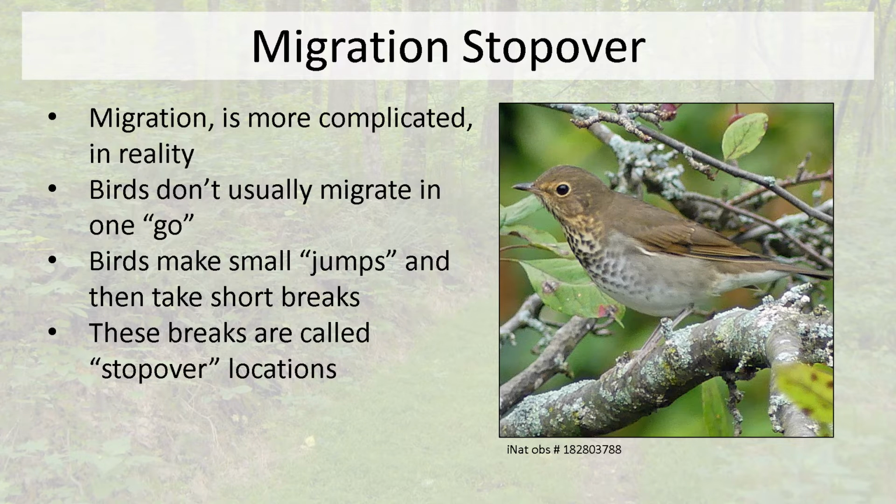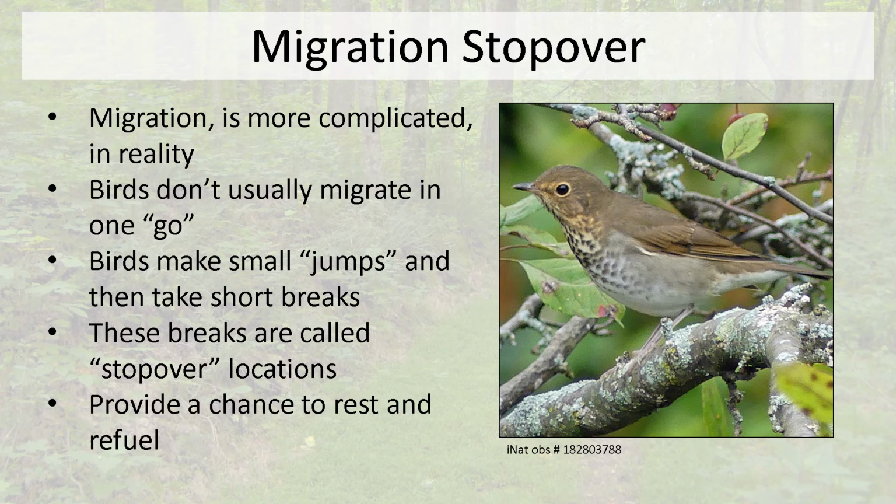So those little breaks are called stopover locations, and those provide birds like this lovely Swainson's thrush here a chance to rest during their migration and refuel, so eating fruit or insects, things like that, to fuel their, as the case may be here, southward migration.